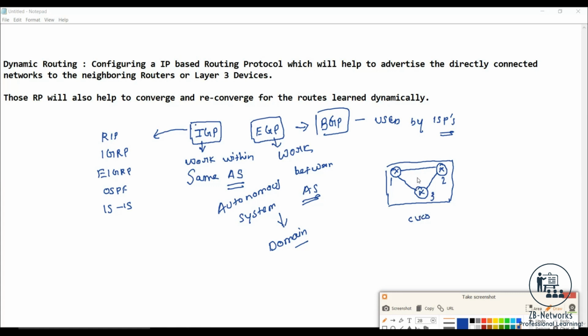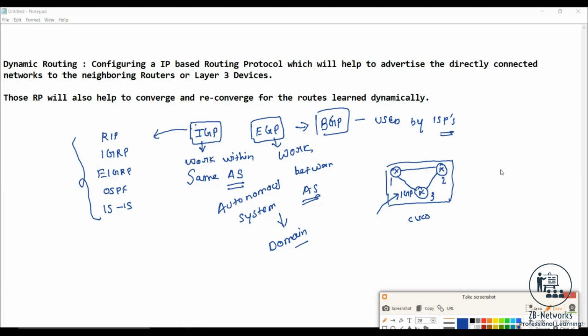And whatever protocol you decide to run within the 3 branch offices will be called IGP, right? So you would run some flavor of IGP, either RIP or EIGRP from this list, within the autonomous system. Okay, now what is the meaning of between the autonomous systems? It is very simple.